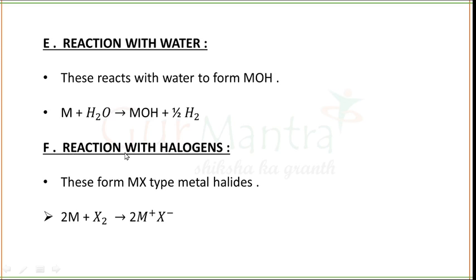Group 1 elements form MX type metal halide on reacting with halogen. And as you know, halogens are the group 17 elements. In place of X2, you will put fluorine, chlorine, bromine, etc. And the forming species will be M+X-, that is MX type metal halides.